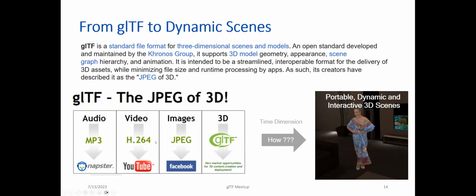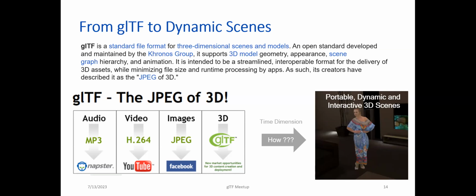At the same time, we understand that glTF, and that is a bit of a Wikipedia entry, is basically giving a lot of baseline functionalities already. It allows you to basically standardize and create three-dimensional scenes and models, and it's an open standard. And basically, it has many functionalities already that you would expect from a scene.